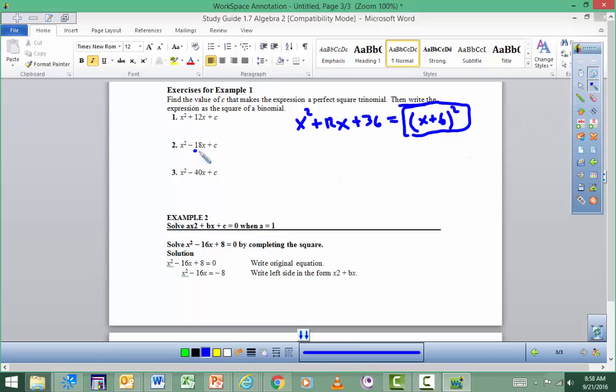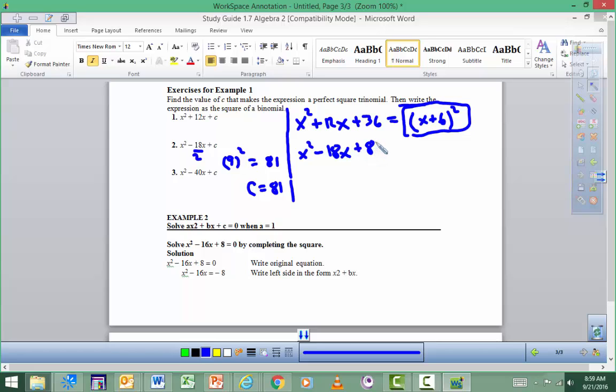Now this one you would divide by 2, and you get 9, right? And then you'd square that, and so it's equal to 81. So that means your c is equal to 81. Now that you figured out what c is, you could then write this as x squared minus 18x plus 81.